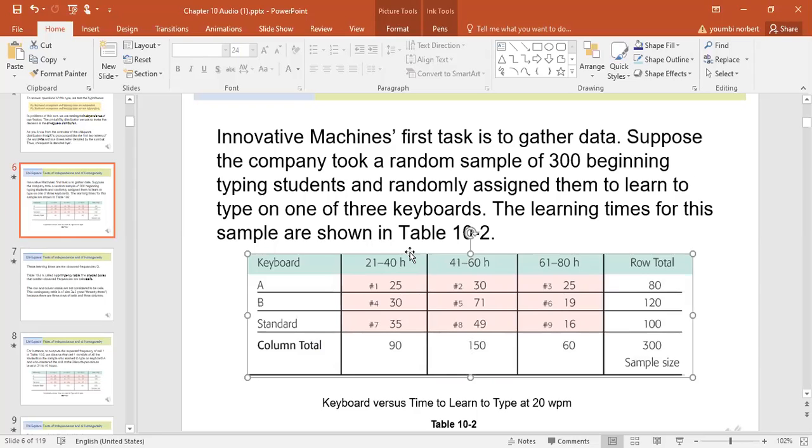And total column 50, 60. When we divide by 300, what do we get? So I just want you to know what to do to get the expected values. Row times column divided by total.